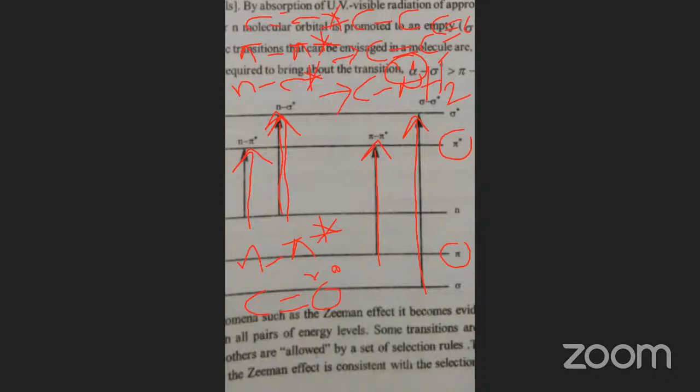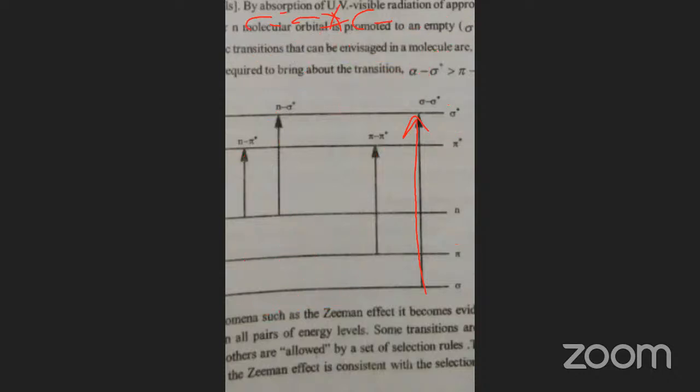Generally, in UV visible spectroscopy the transitions are of four types: sigma to sigma star, pi to pi star, n to sigma star, and n to pi star.